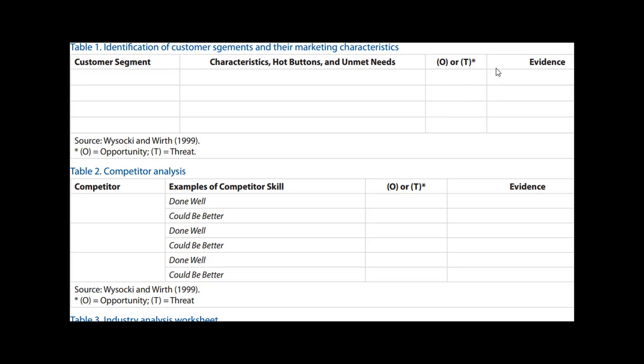And the evidence can be from a statistical bureau that more people are liking food with high sugar and salt, or fewer people are getting into the elderly age bracket. So this was about the customer segments and marketing characteristics.